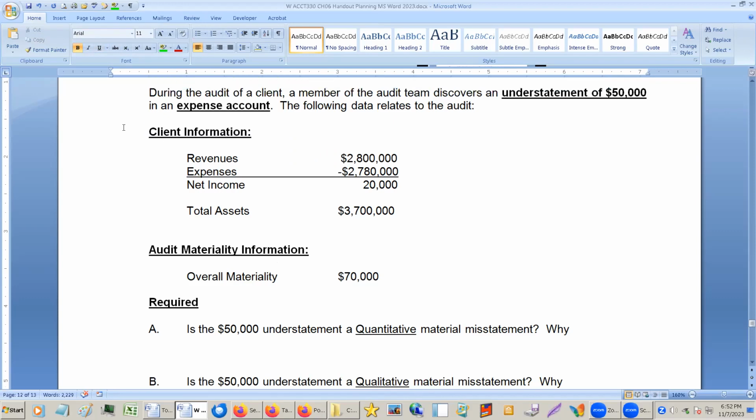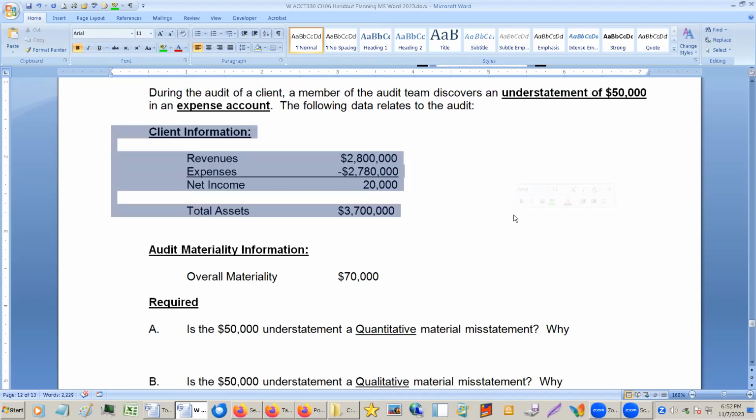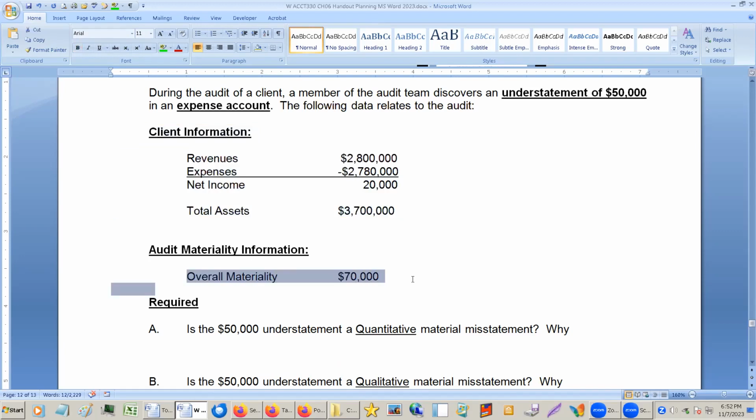Okay, so here's the client's information. The overall materiality is 70,000.